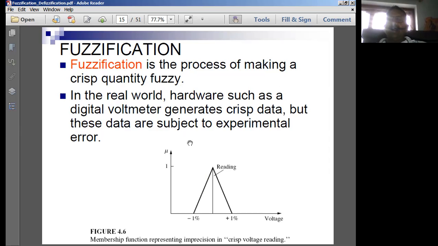We already know the concept of the sampling process. We use sampling whenever we convert analog data to digital data, and we use desampling whenever we want to reconvert digital data to analog data.